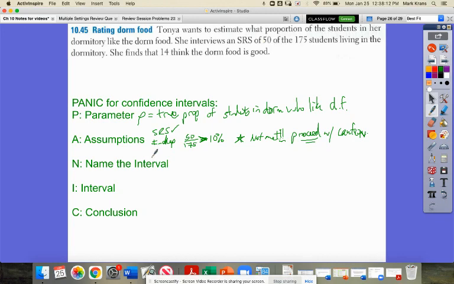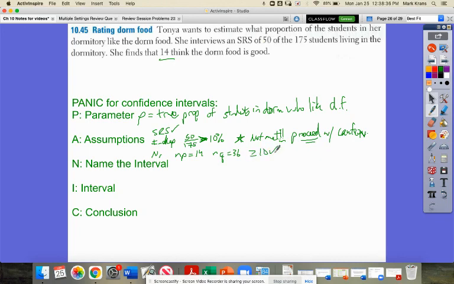And then normal. So 14 said it's good, which means that 36 said otherwise. np equals 14, nq equals 36, both greater than or equal to 10.